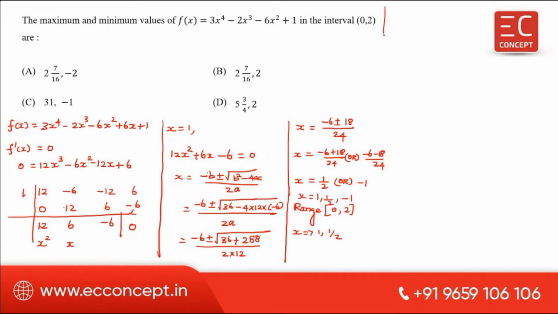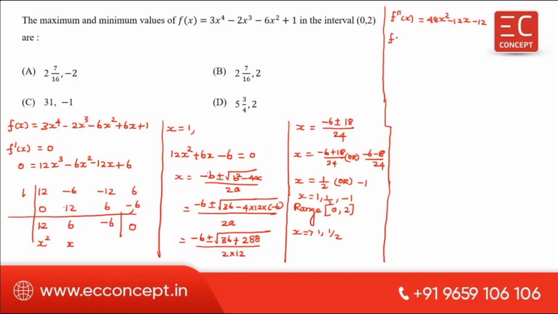Now we calculated the x values, right? Now you have to determine where the function is a maximum and minimum. Therefore for that you have to differentiate f dash of x once again, which is equal to 48x square minus 12x minus 12.